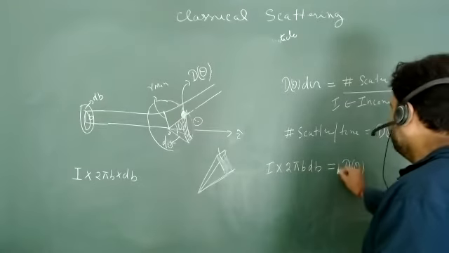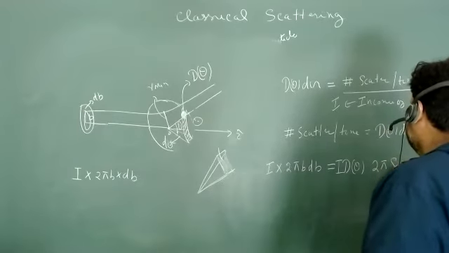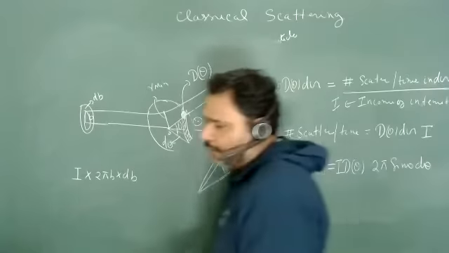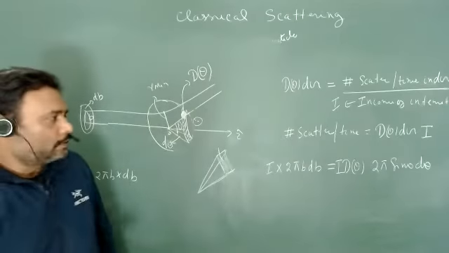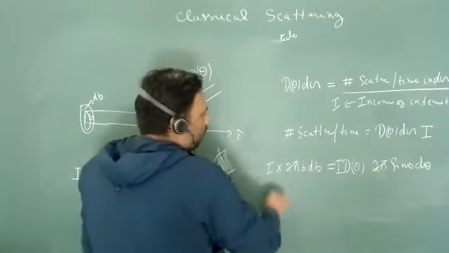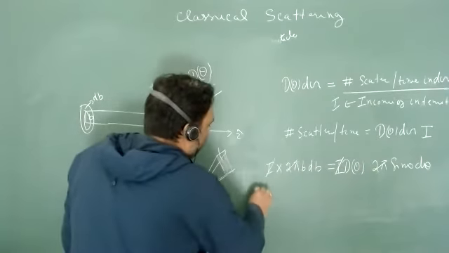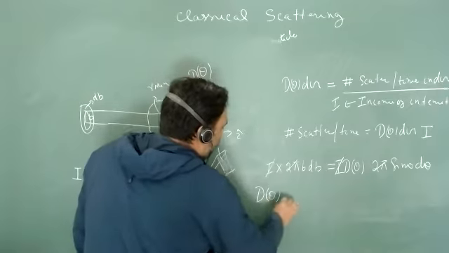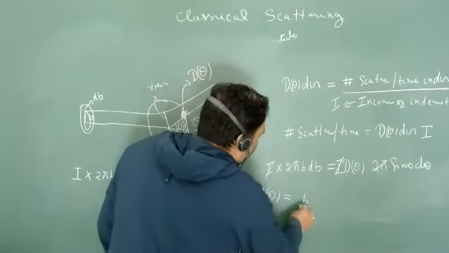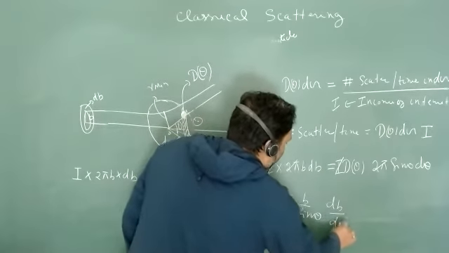What is d omega? d omega is 2 pi sine theta d theta. This is nothing but the solid angle d omega. So you know the definition of solid angle. From here, this 2 pi cancels out, this I cancels out, and we have d theta, and this d theta can be written as b upon sine theta, db upon d theta.